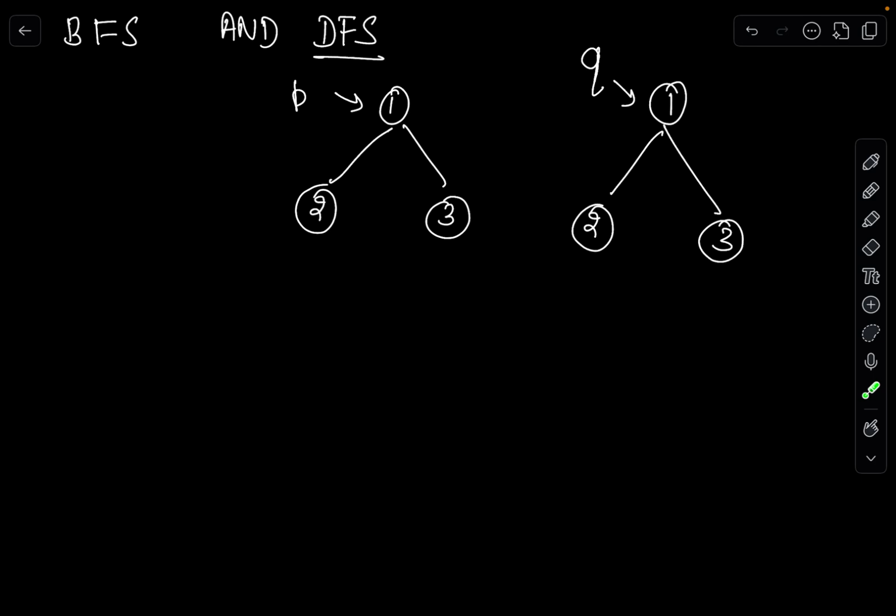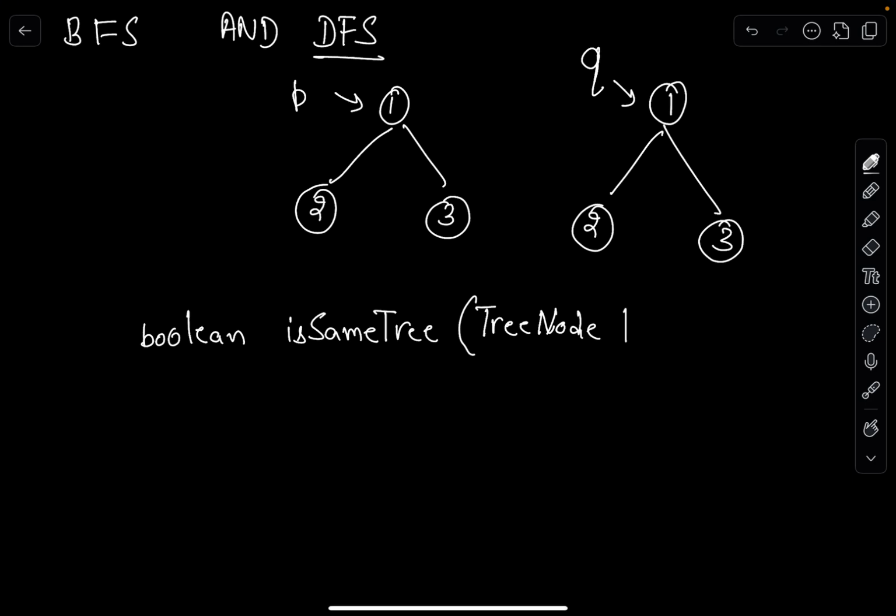So let's say there is a function isSameTree whose return type is boolean. This is the function for which we need to write the implementation, and it has two parameters as input. This is the root node for the first tree, and this is the root node for the second tree.